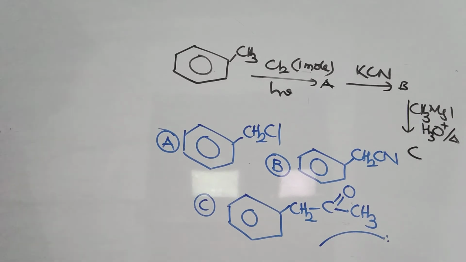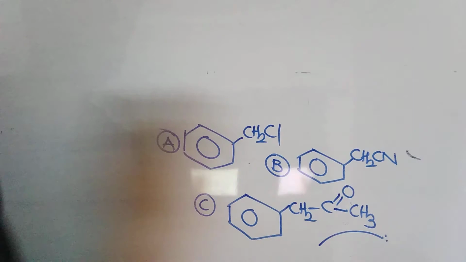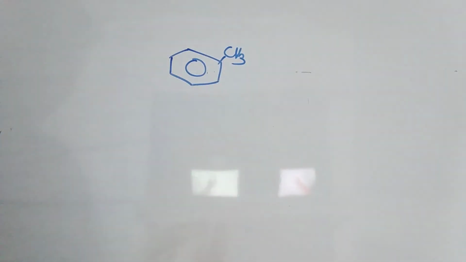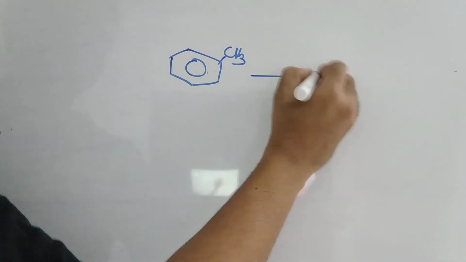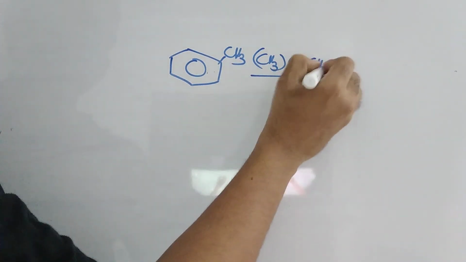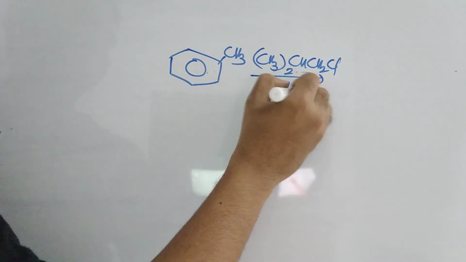Next, one more reaction I will give you. Similarly, ABC type of reaction. You just have a look here. Methyl I have. Then CH3 taken twice, CH2Cl in presence of AlCl3.